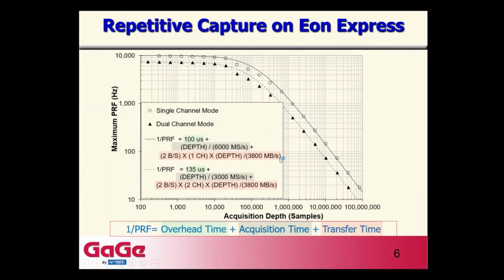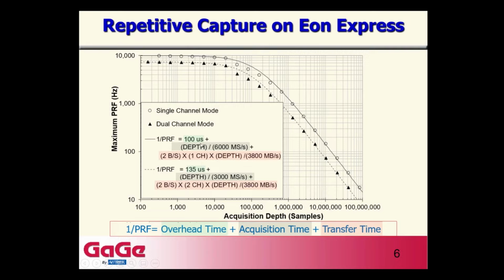And then we divide by a data transfer rate, which I just plugged in values until it fits the curve. I got 3,800 megabytes per second, almost 4 gigabytes per second of transfer rate. And finally, there's this overhead time, okay, which is slightly different for 1 and 2 channel acquisition.